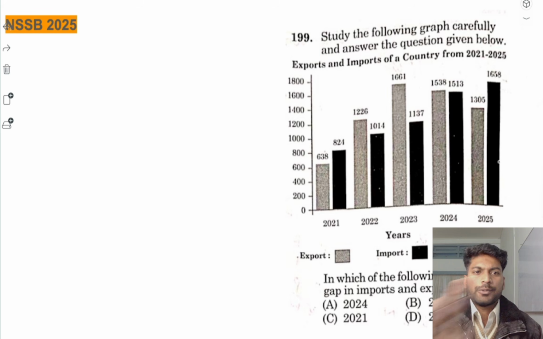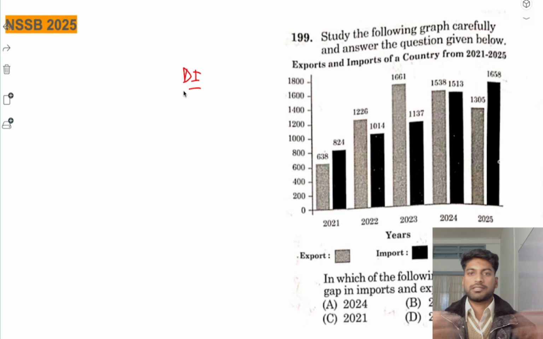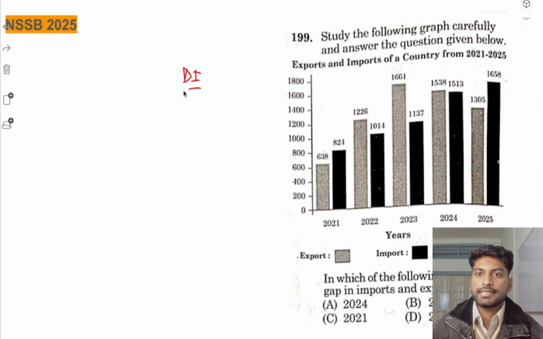Okay, don't get scared of this kind of DIs. These are big in size, but कुछ भी नहीं है अंदर में. Study the following graph carefully and answer the question given below. This is a graph showing export and import of a company over the year. 2021 export was this one, import was this one.